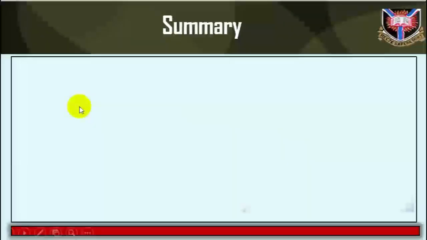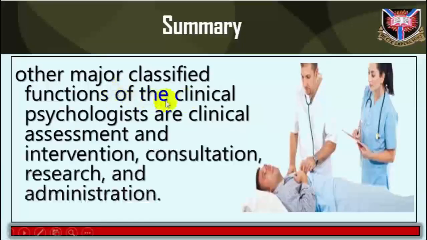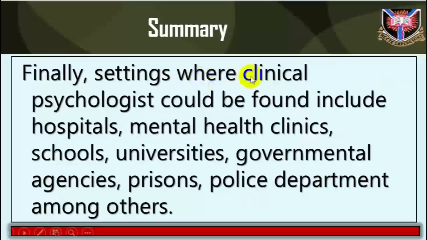However, other major classified functions of the clinical psychologist are clinical assessment and interventions, consultations, research, and administration. Finally, settings where clinical psychologists could be found include hospitals, mental health clinics, schools, universities, governmental agencies, prisons, police departments, among others.